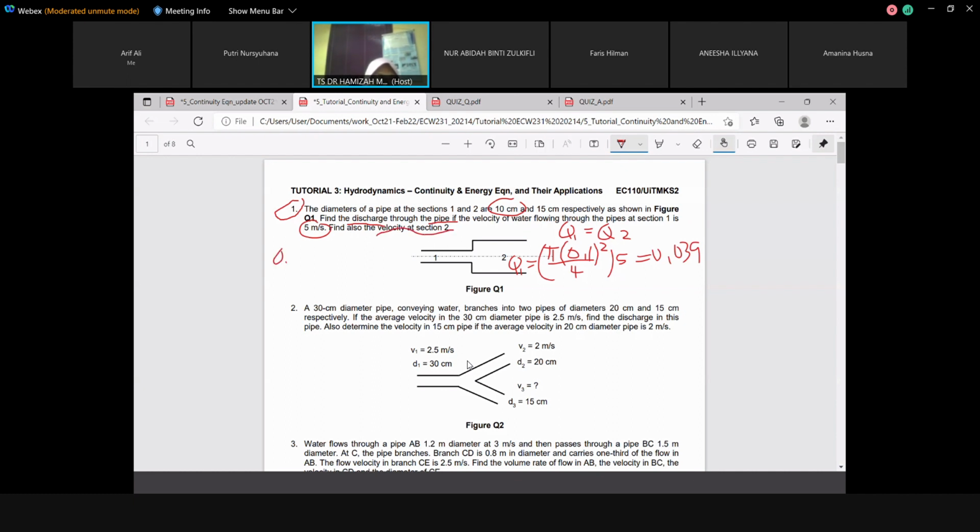So 0.039 equals pi, D dia adalah 15, darab dengan V2. So what is the V2? Apa V2 dia? Give me a second. Kejap ya, saya kira kejap. Okay.